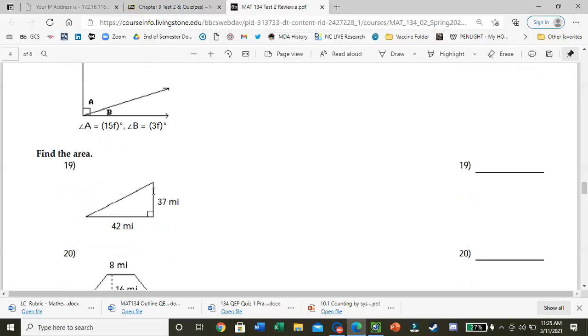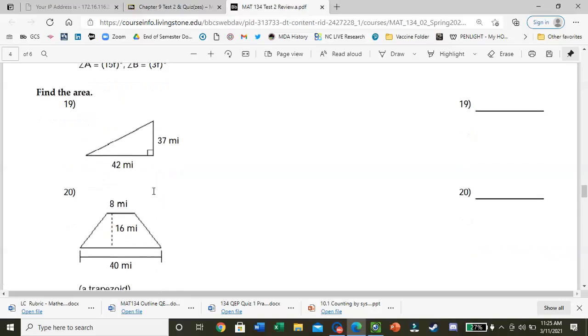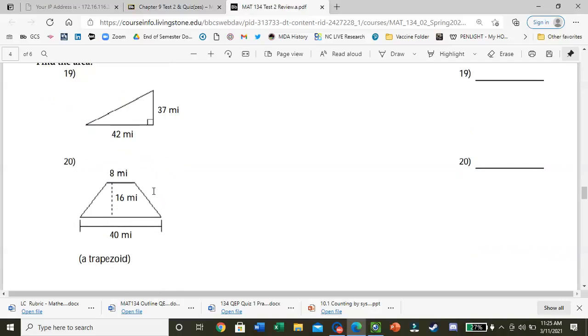Okay, find the area. Now here we have the area of a, what kind of figure is this? Trapezoid, very good. Any questions with the area of a trapezoid? Okay, sure.